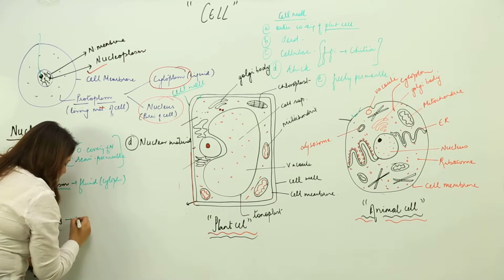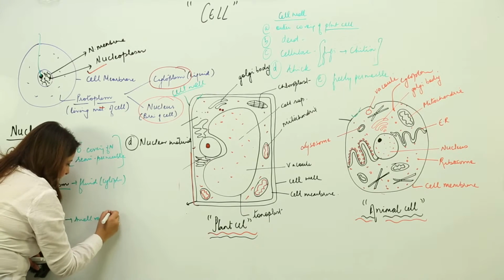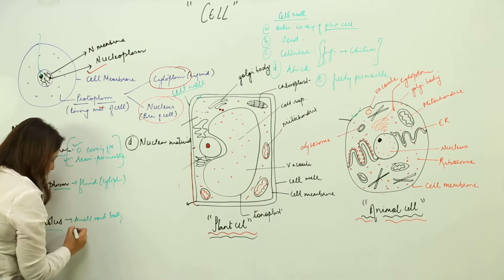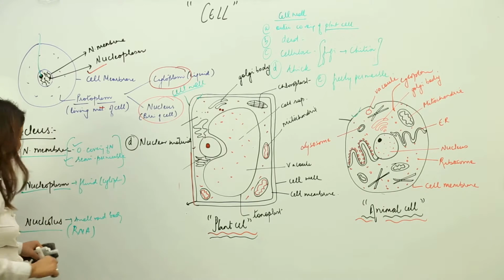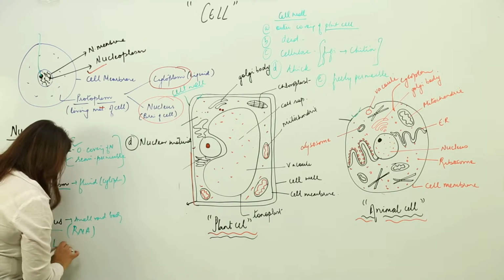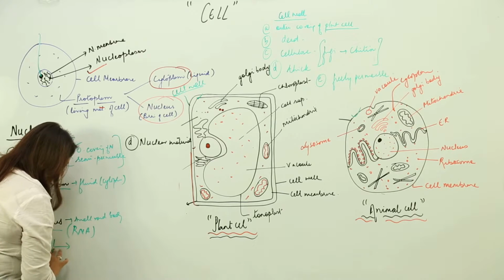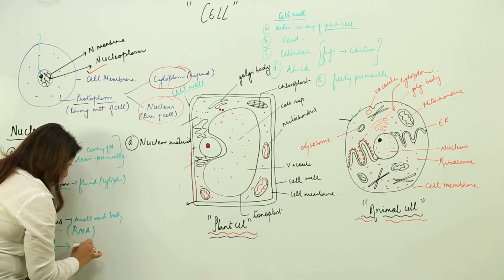The nucleolus is a small round body present in the nucleus. It is mainly made up of genetic material, that is RNA, and it is actually a factory of ribosomes.